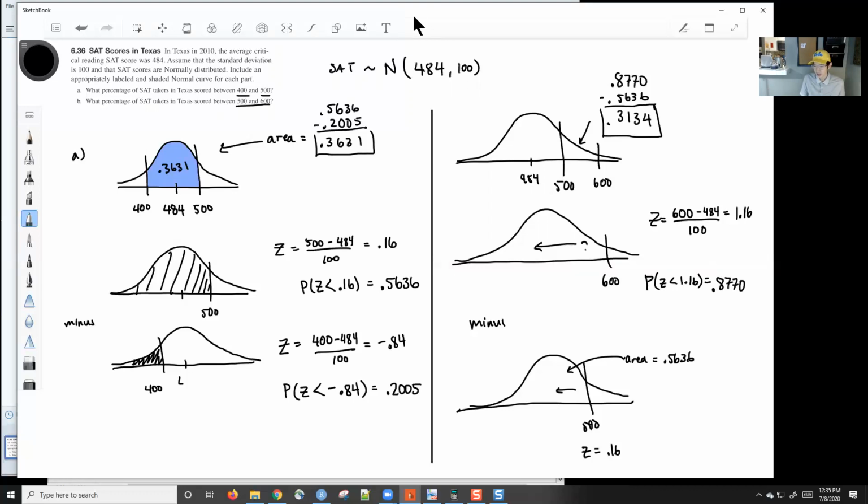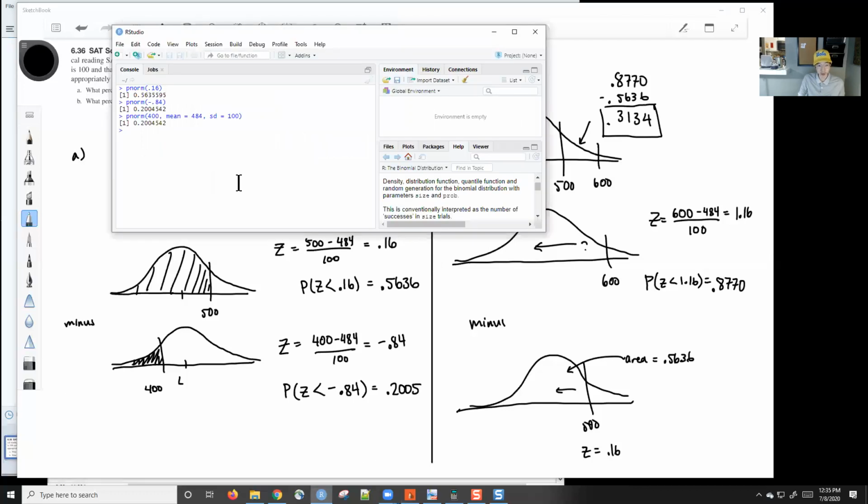Okay, if it's for p-norm, if it's over 400 rather than under 400, how would you do that? Well, the simplest answer is you would do 1 minus, whatever that is.